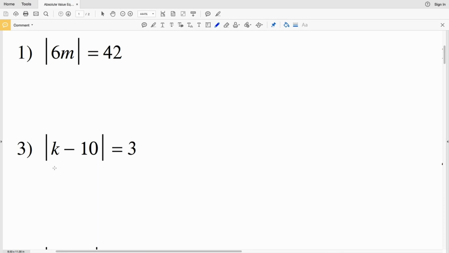Before we do that, I'm going to give a quick review of what the absolute value is. Say you have a number line, and I ask for the absolute value of 2. That is equal to 2. The absolute value of negative 2 is also equal to 2. The absolute value is the distance a number is from 0 on the number line.